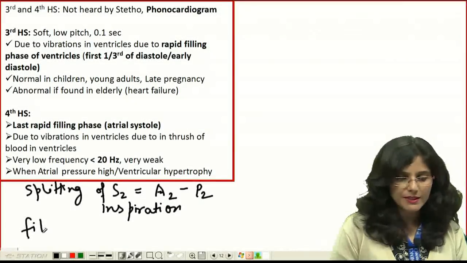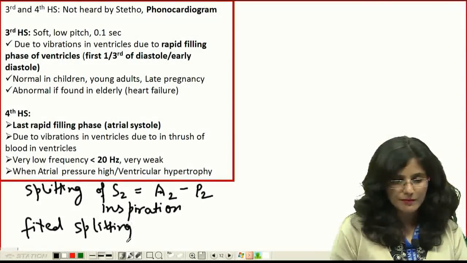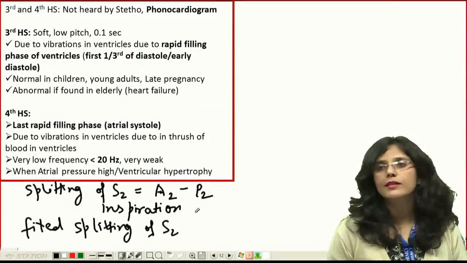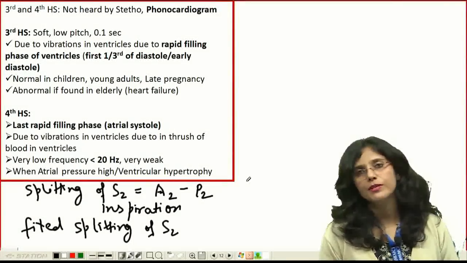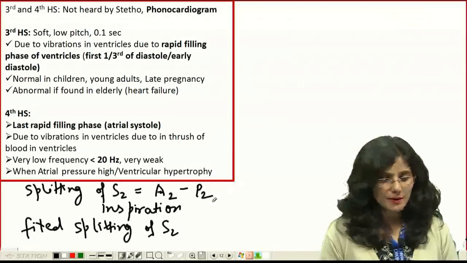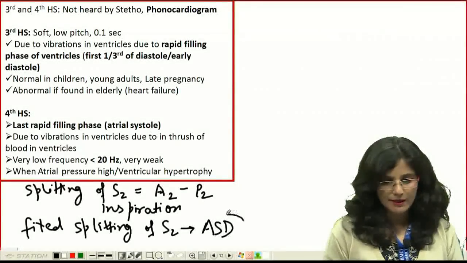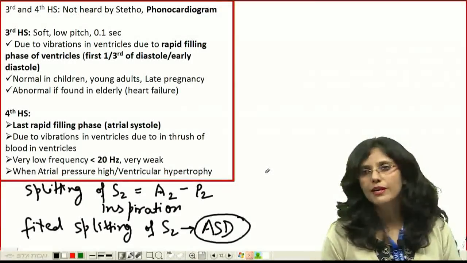But fixed splitting of the S2 sound occurs when there is no difference between inspiration and expiration. This splitting is found both during inspiration as well as in expiration, and this occurs in case of ASD, atrial septal defect. So it is a finding in ASD.